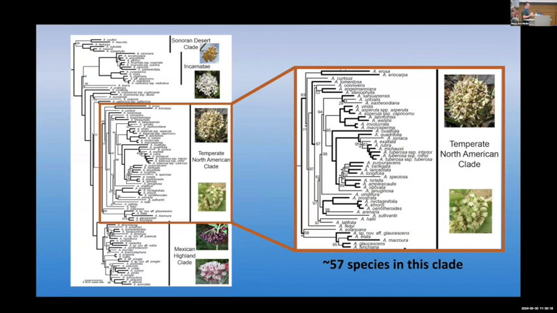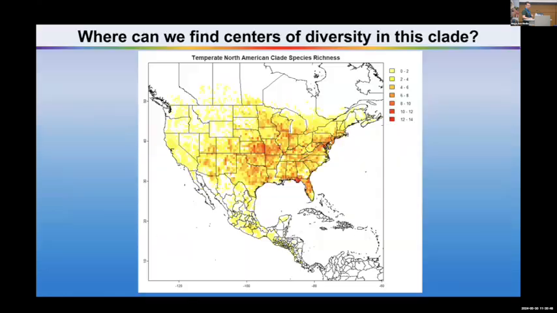And many of you are probably familiar with species in this clade, as there are some of the most common species, such as Asclepias syriaca or Asclepias tuberosa, or more commonly common milkweed and butterfly weed, as well as some of the rarest milkweeds, such as Asclepias prostrata, which is just a very narrow-ranged endemic to the Texas-Mexico border. So we have this great diversity of range variation as well as ecological and morphological variation in this group.